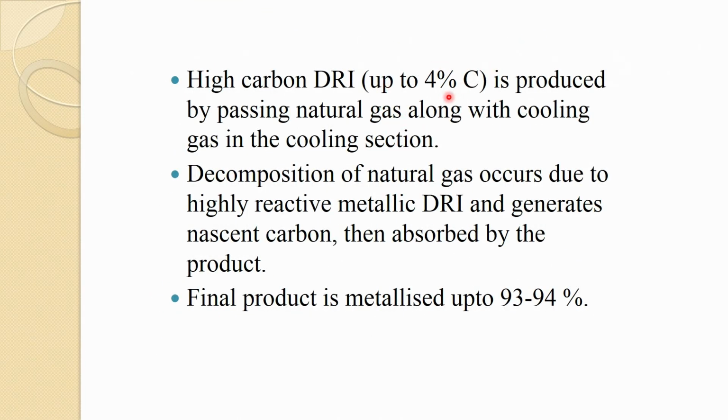A carbon deposition reaction may occur and increase it. Decomposition of natural gas occurs due to the highly reactive metallic DRI and generates nascent carbon, which is then absorbed by the product. So, this is another way to increase the percentage of carbon in the DRI.